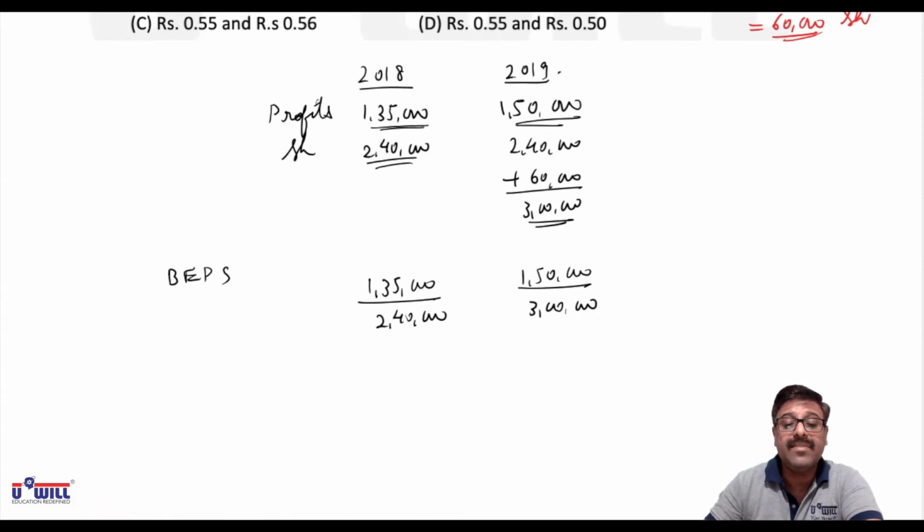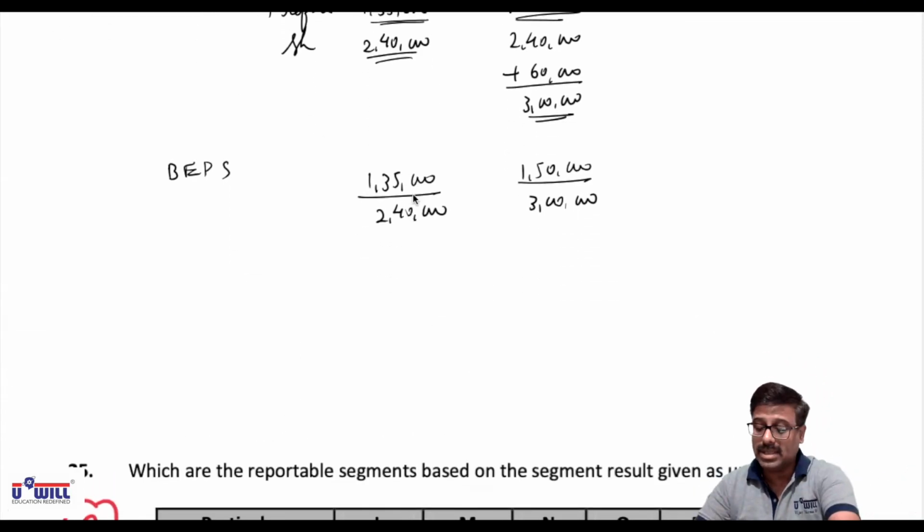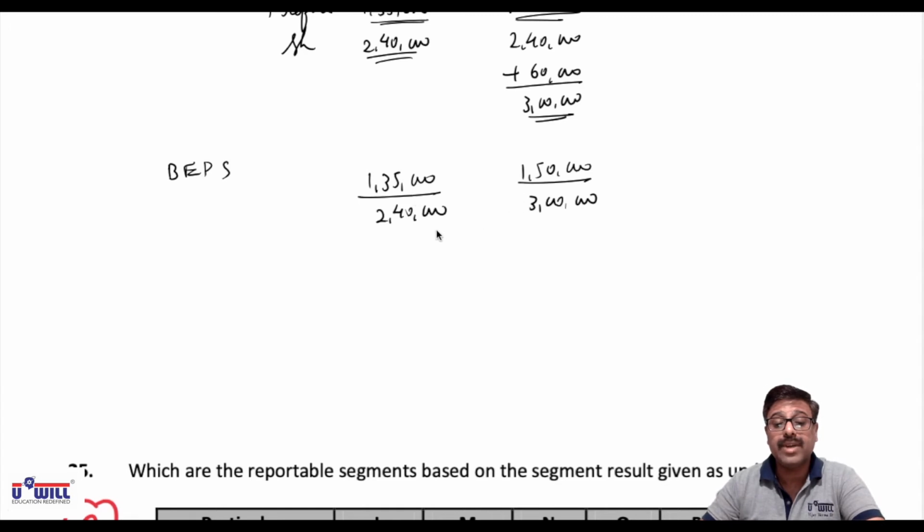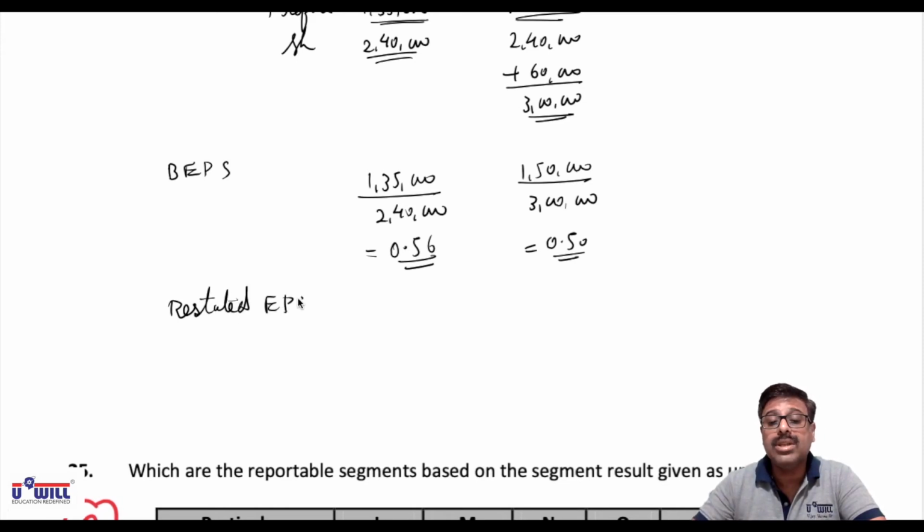So 1,35,000 divided by 2,40,000 comes as 0.5625, and 1,50,000 divided by 3 lakhs is 0.5. But then we used to write restated EPS or reported EPS. Restated or reported EPS means both the years you'll divide by 3 lakhs only, so that the correct impression goes amongst the shareholders.